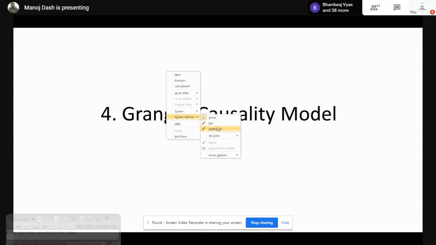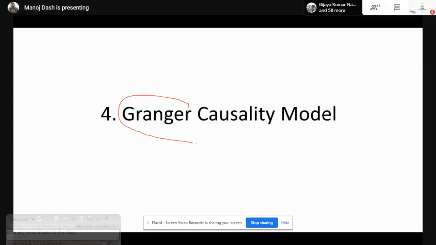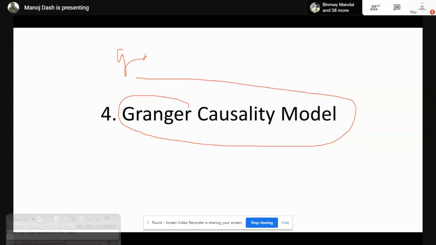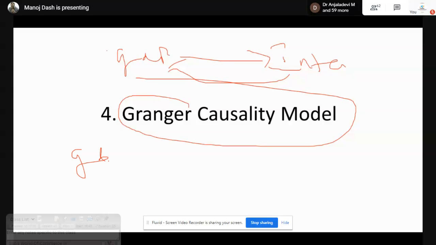Now in most research papers you will find Granger causality. What is Granger causality? Suppose your GDP and interest rate. Whether GDP impacts interest rate or interest rate impacts GDP, I want to measure that. It means I have variables: one is GDP, one is inflation, one is money supply, and interest rate.